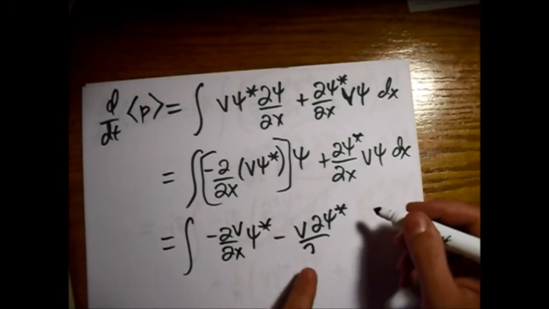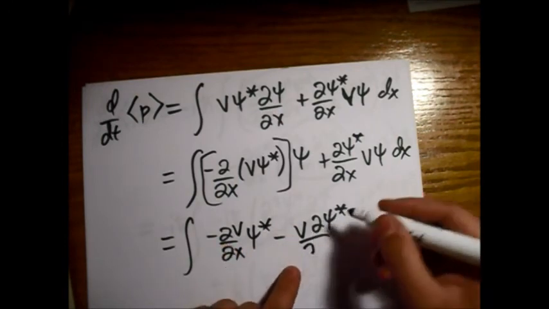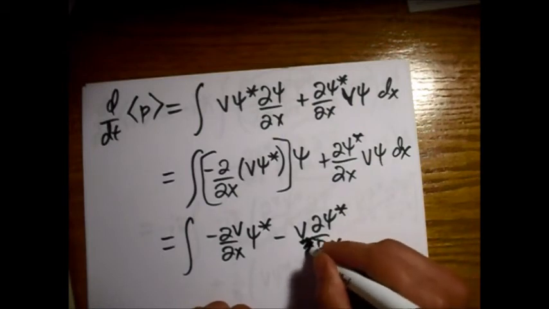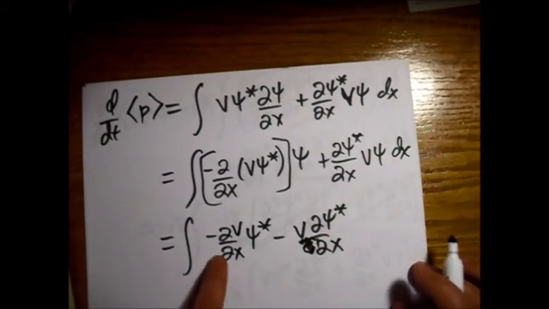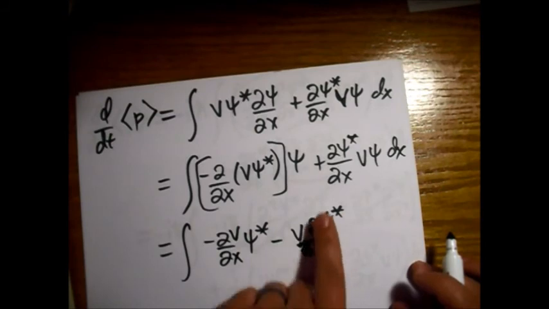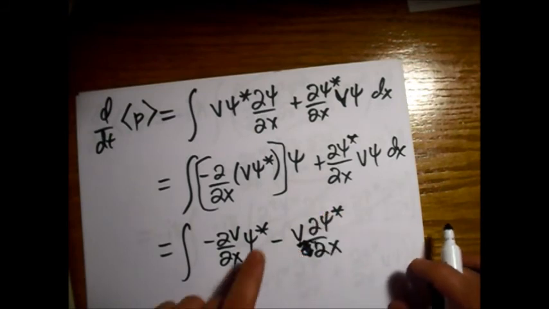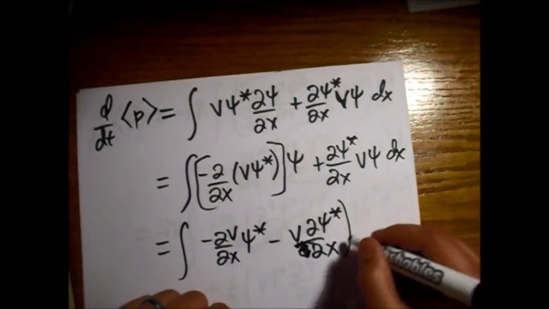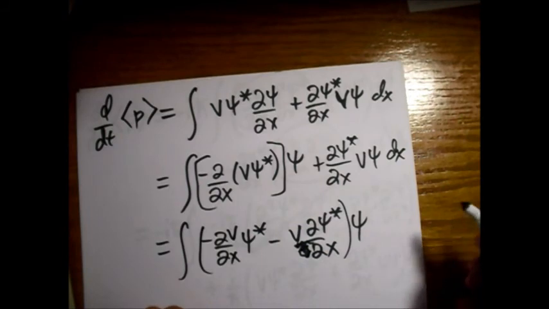Oops, what did I do? Yeah, I drew that badly. All right, but anyway, basically derivative here. All right, and then they're both multiplied by the normal wave function. I'll just keep that outside for now.